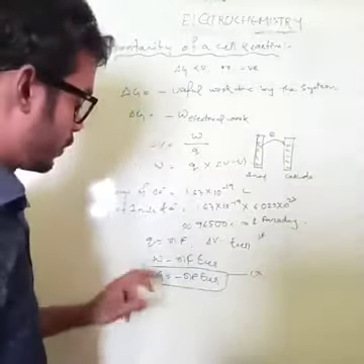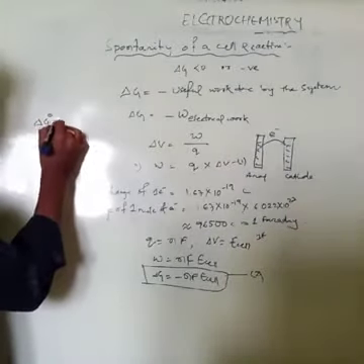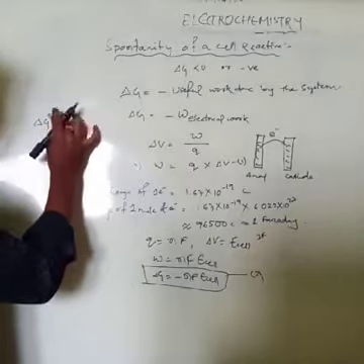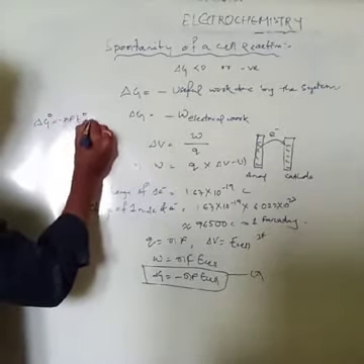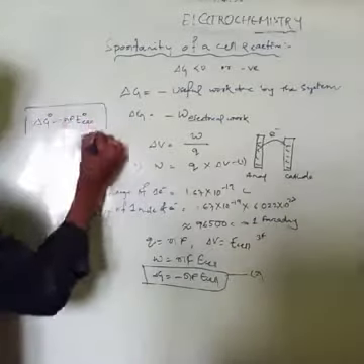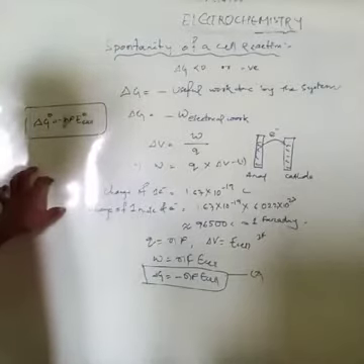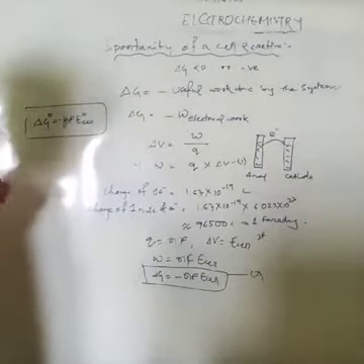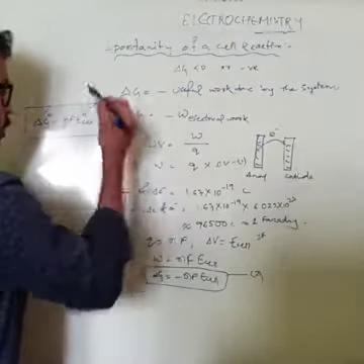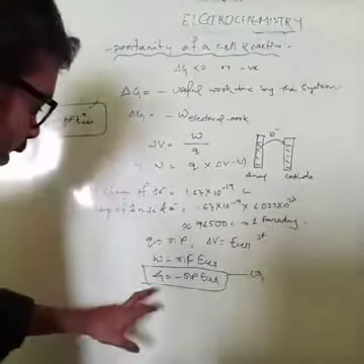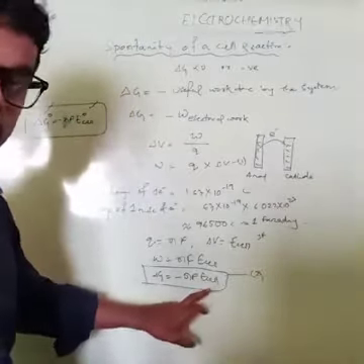And for the standard cell, the formula is del G naught equals minus nF E naught cell. So del G naught and E naught you can calculate, and del G can be calculated if you know the value of E cell.